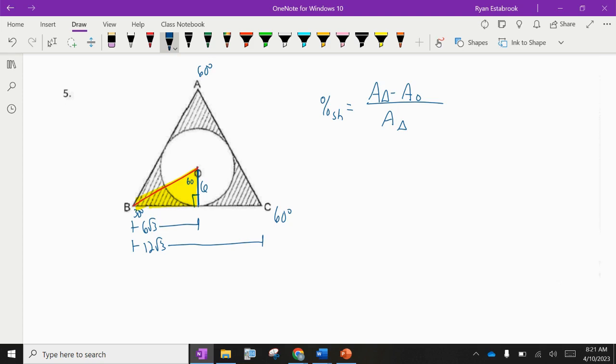And now with these numbers, see if you can figure out the area of the triangle and the area of the circle. It is a regular triangle. You have a few ways you can make that happen. There's also the most basic way, 1/2 base times height. Keep that in mind.